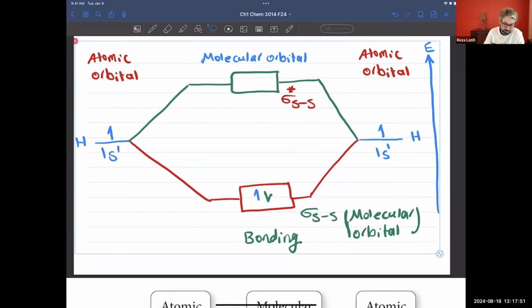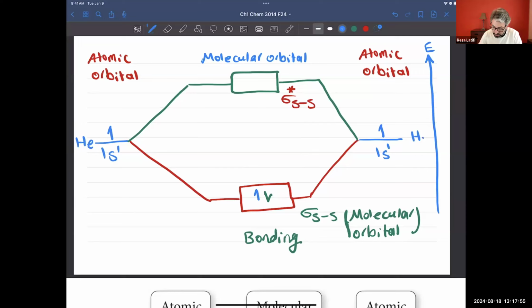Helium, remember, has 2 electrons in it, so it will be 2 here, and that one is also going to be 2. Can I make He2? Is it possible? Out of those 4 electrons, we're going to use 2 of them for the sigma interaction.